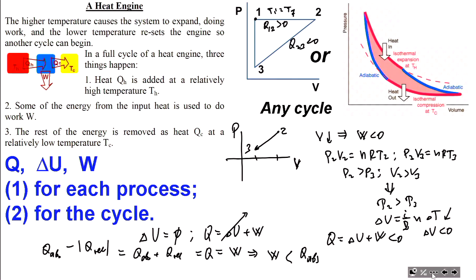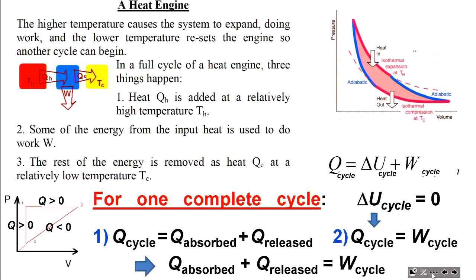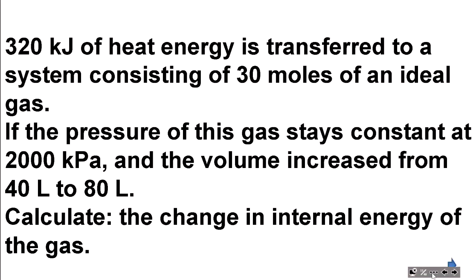So here I have a readable version, and now let's just calculate for a specific situation the amount of heat absorbed, the amount of heat released, and compare the numbers.